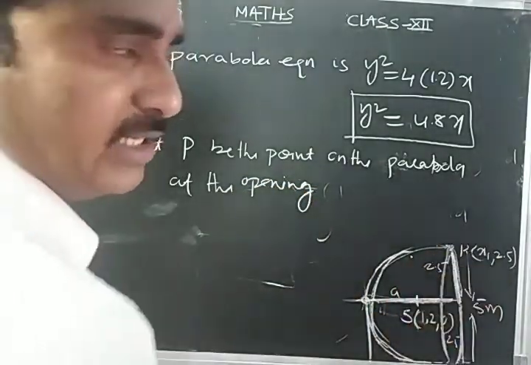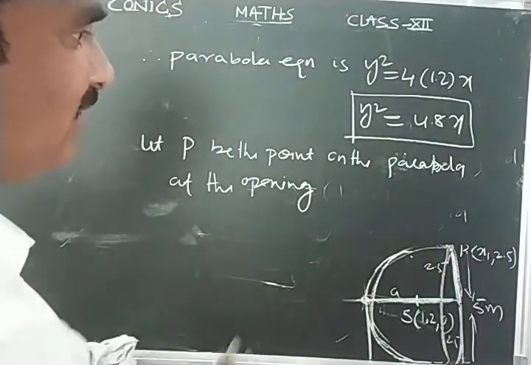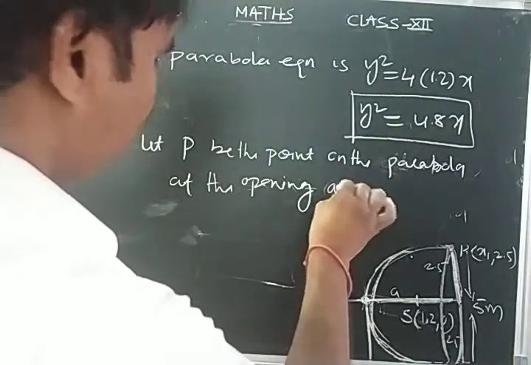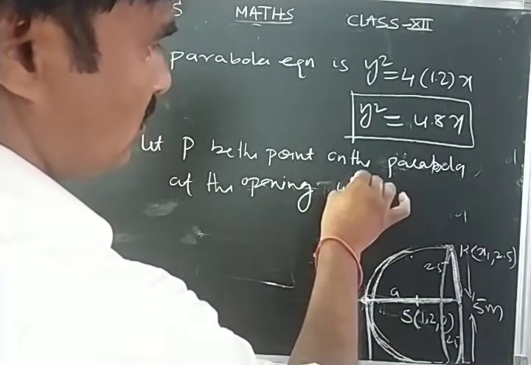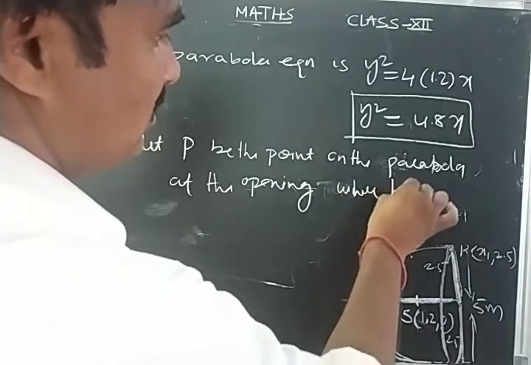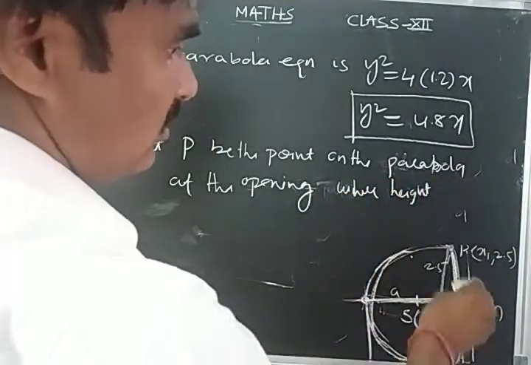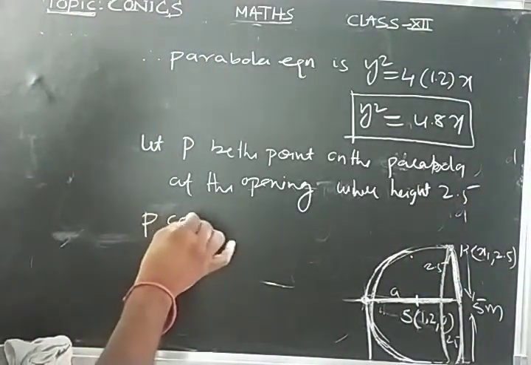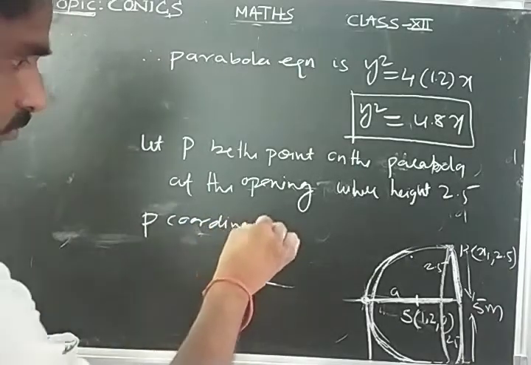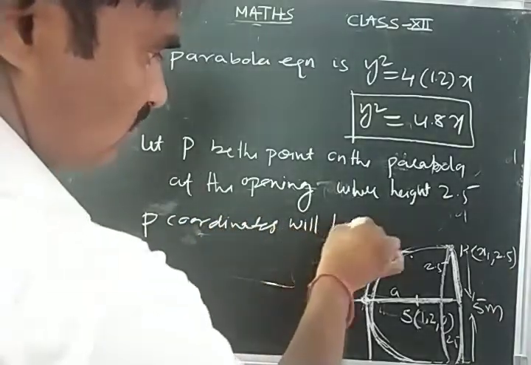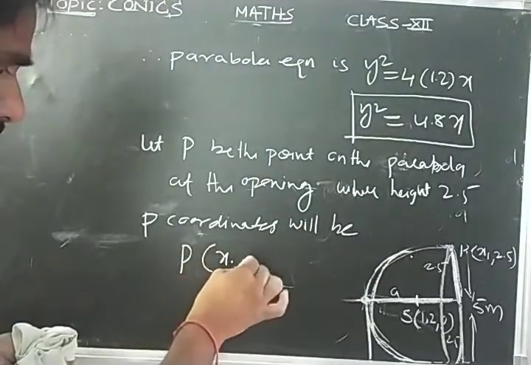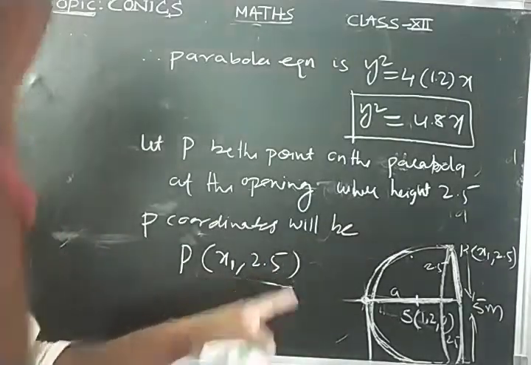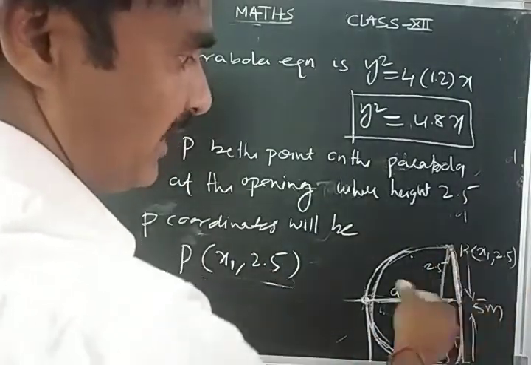You can take it here or here, no problem. So P coordinates will be (x1, 2.5). Why? Because we know the height, we don't know x1.